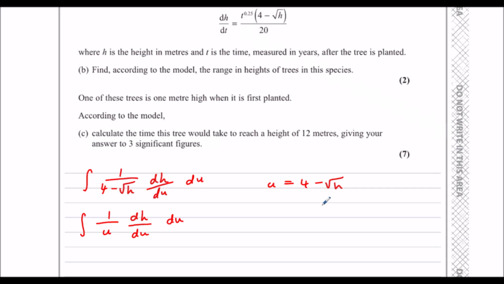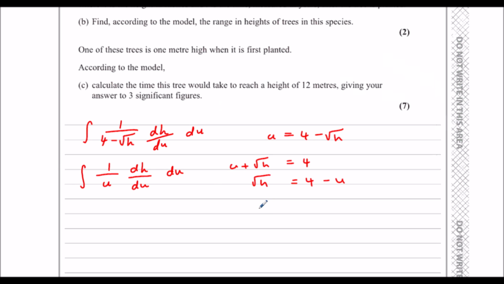So how are we going to get dh/du? We can rearrange this, so make h the subject. So add root h to both sides. Subtract u from both sides. And then square both sides.